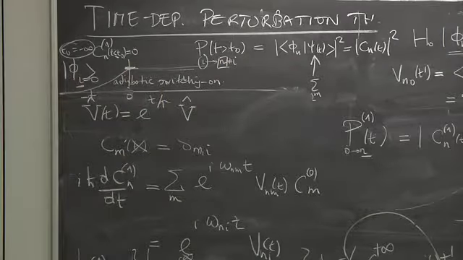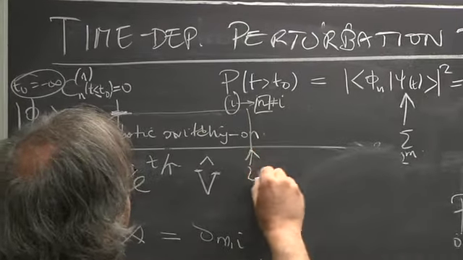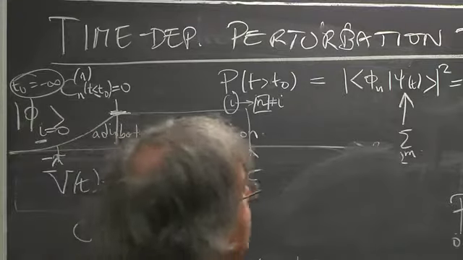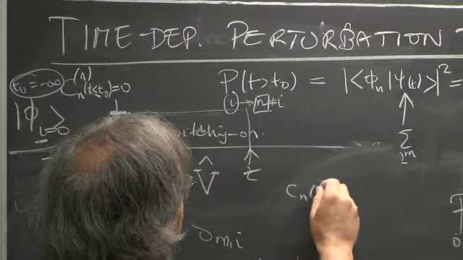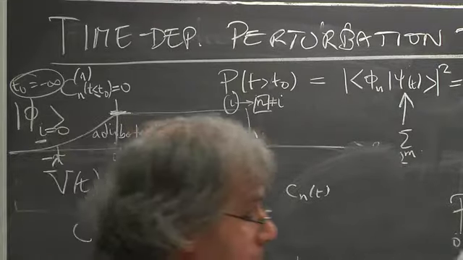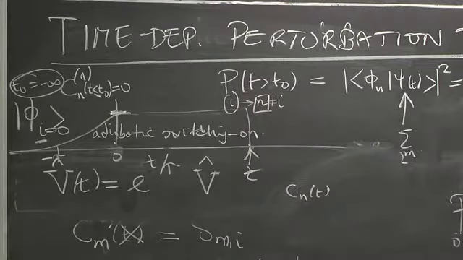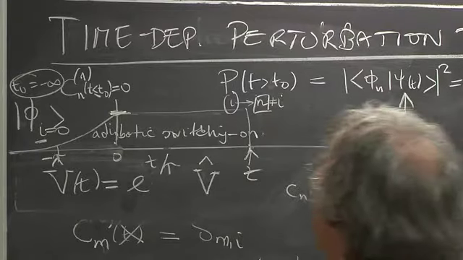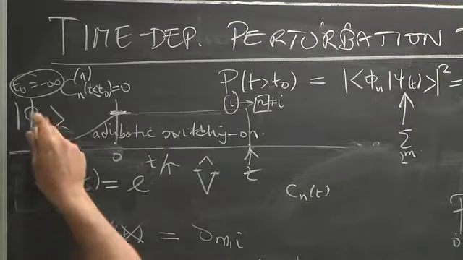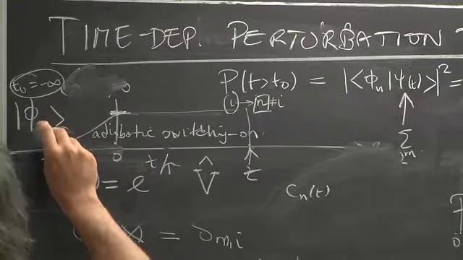I ask you, what is the state at any time t? In other words, I want to know the coefficient Cn of t, later on. Obviously, I want to stop at first order. No second order. The solution is very, very simple. By the way, initial condition is that at t equal to minus infinity, the state was n.